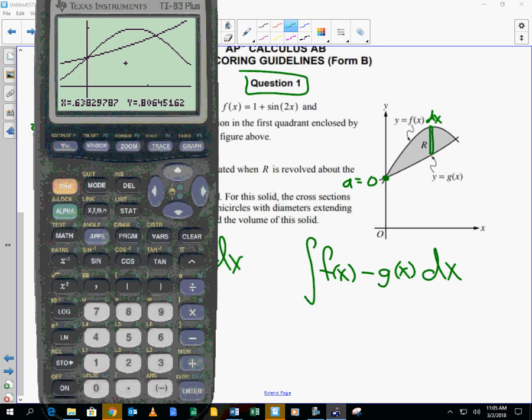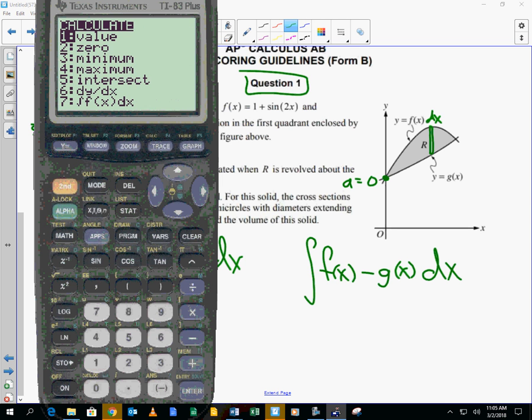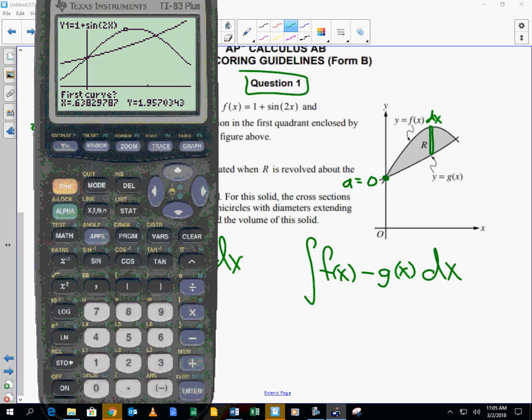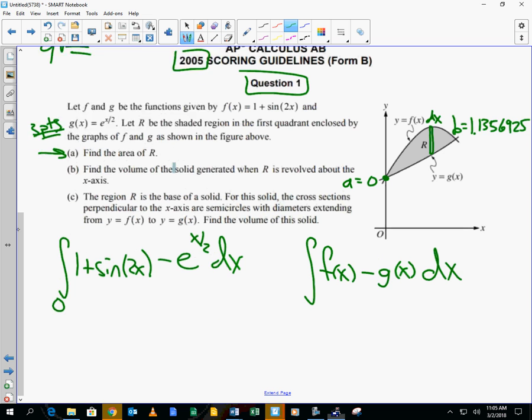We're confident that that's 0, but we're going to second calculate intersection as Carter said, and I'm going to move over towards this intersection point, and I'm going to press enter for the first curve, enter for the second curve, and enter on my guess, and it produces the value 1.1356925. And I like to write it out in its entirety, 1.1356925. So these are your options.